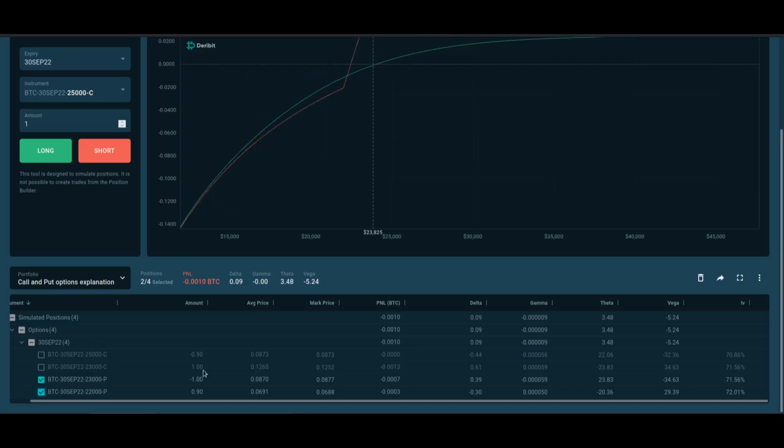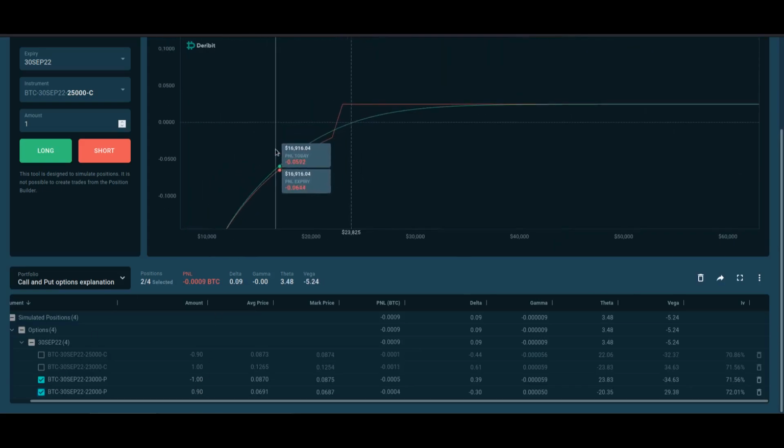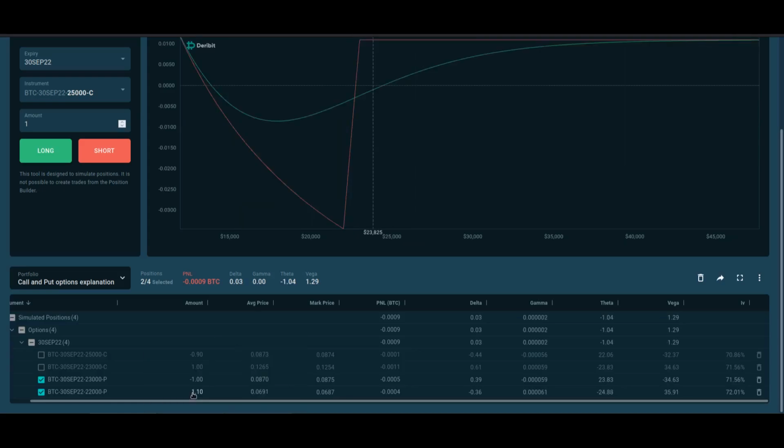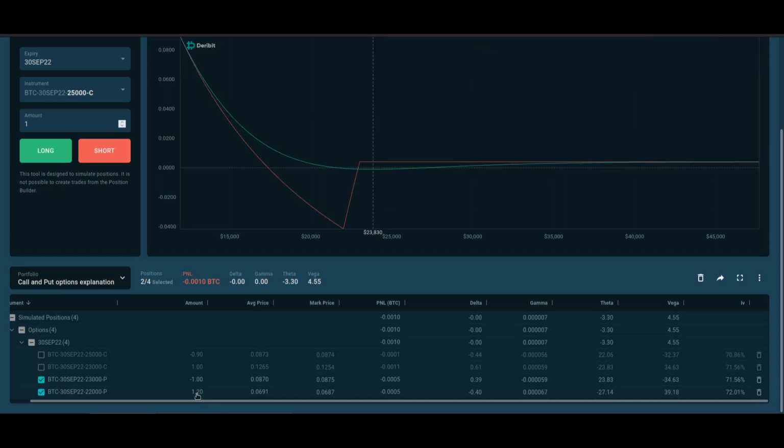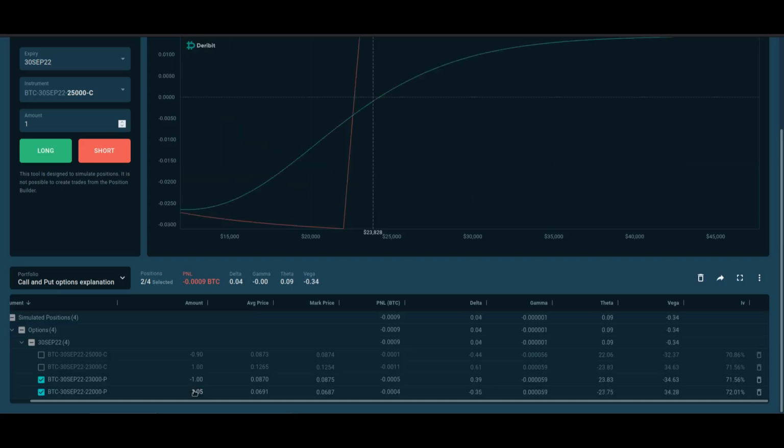Okay, let's take a look at this spread. Very weird position builder. Okay, 0.5, 0.4, something like this, 0.5.